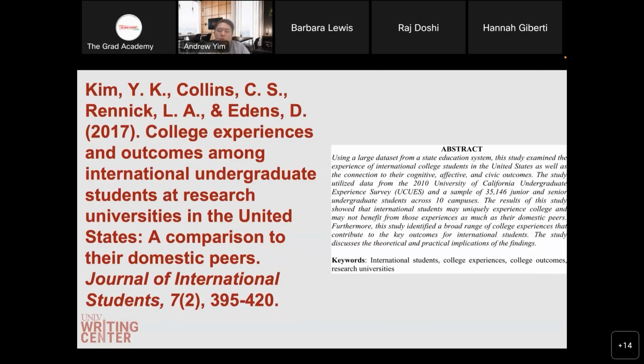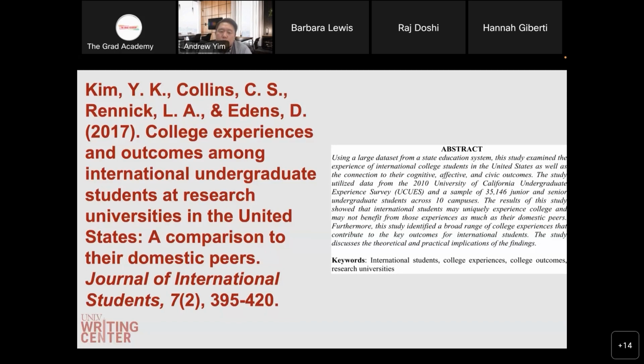The abstract reads: using a large data set from a state education system, this study examined the experience of international college students in the United States, as well as the connection to their cognitive, affective, and civic outcomes. The study utilized data from the 2010 University of California Undergraduate Experience Survey, UCUES, and a sample of 35,146 junior and senior undergraduate students across 10 campuses.